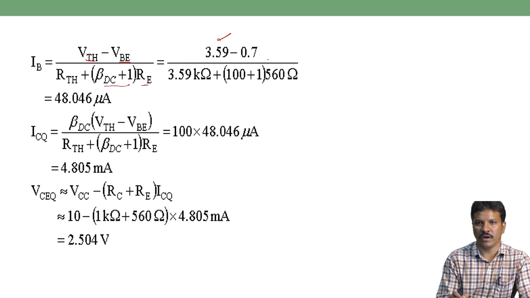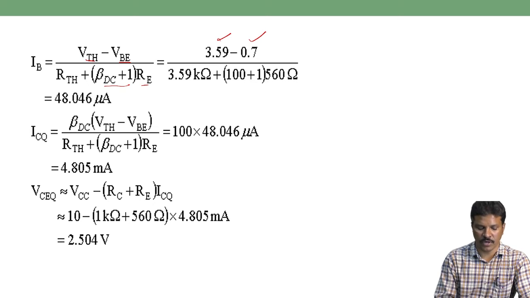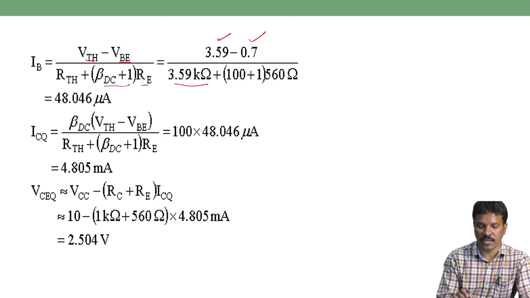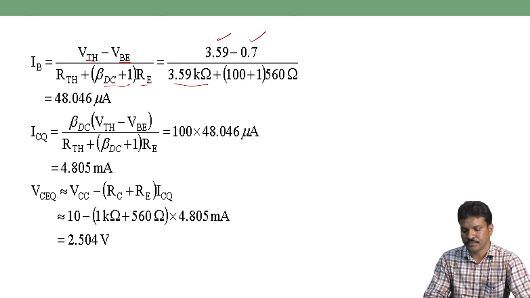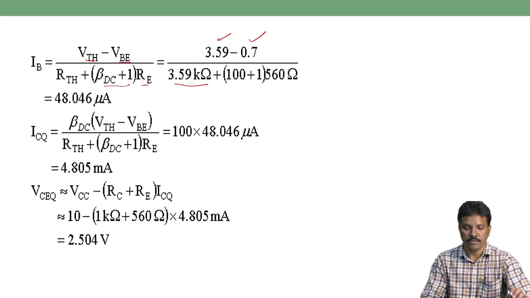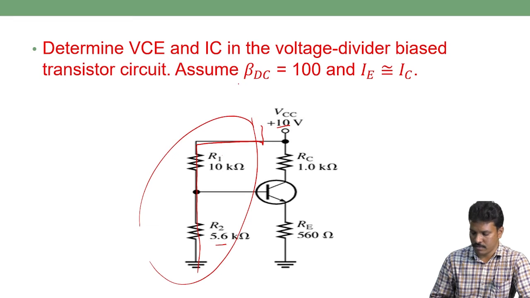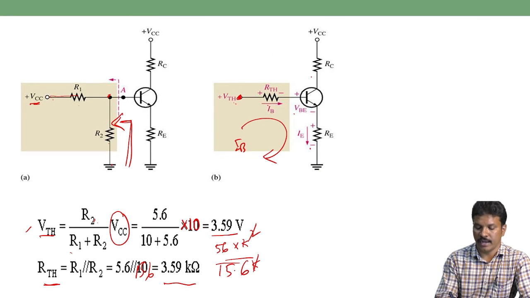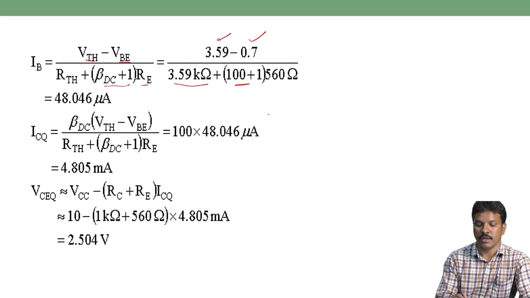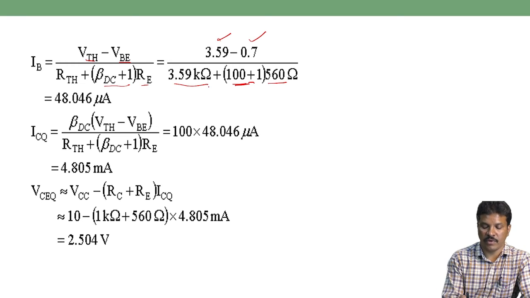VTH is 3.59, VBE is 0.7 volts between base and emitter, and RTH is 3.59 kilo ohms, plus beta, which is already given as 100. So 100 is substituted here, plus 1, multiplied by RE, 150 ohms, which we will calculate with a calculator.